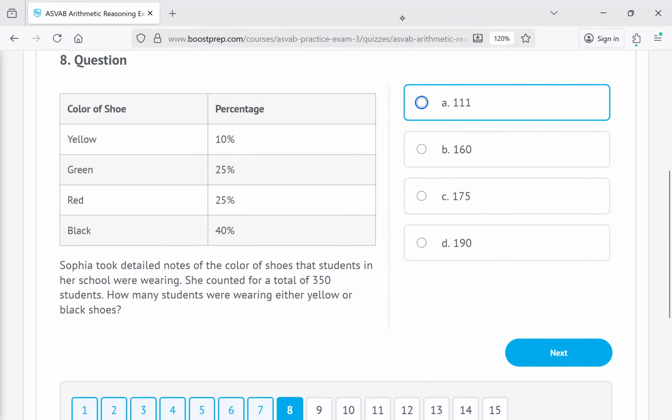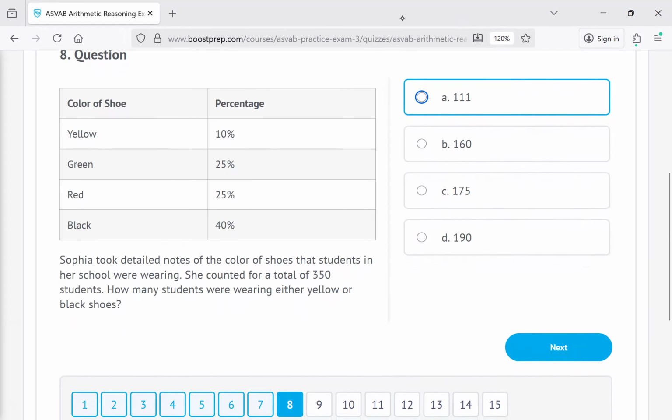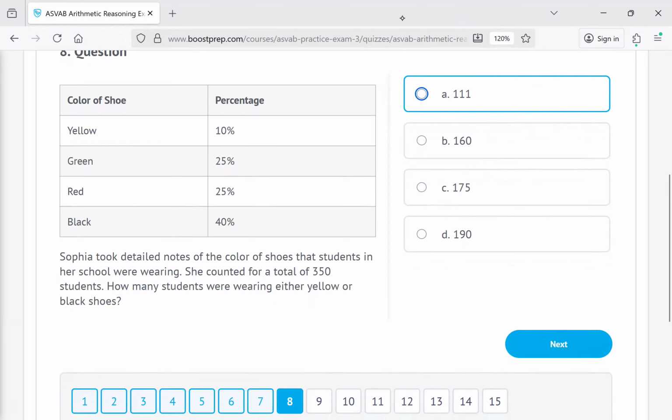Now, when you hear the word or, you probably think, isn't that probability? Kind of. So what I would do is find your percentage. They're saying how many students were wearing either yellow or black. So for yellow, it was 10%, right?